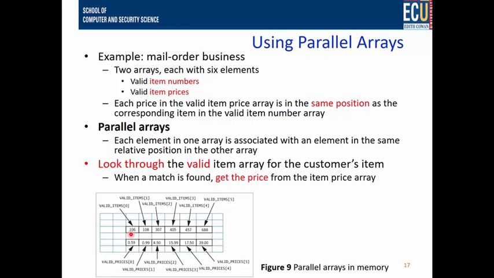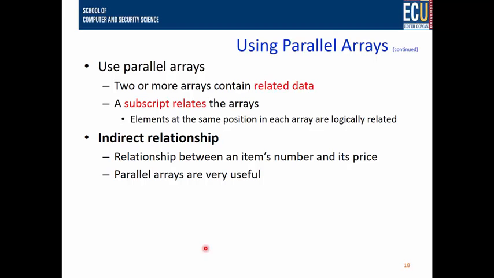In simple terms, the price for this item is stored in index 0 of the price array. So we can create an indirect relationship, and the programmer has to understand this relationship. While coding, he can create these logical relationships, and then manipulate the information and generate the reports accordingly. So in this case, we are relating the subscripts.